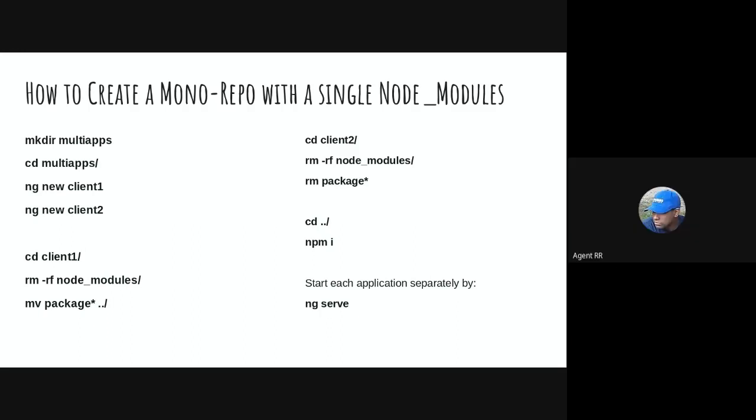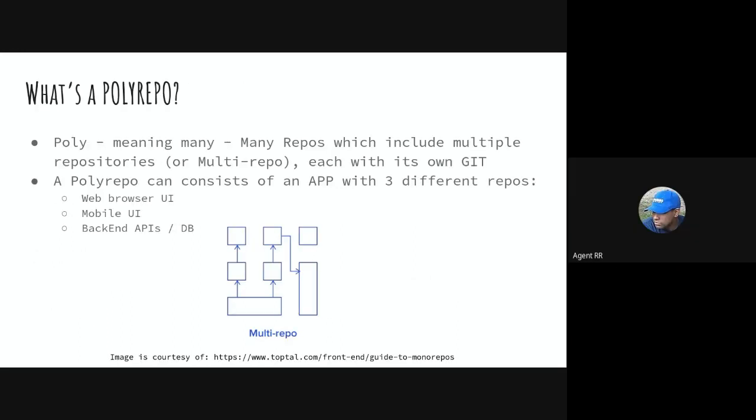All right. So, what's a polyrepo? As I said before, polyrepo means many repositories, which includes multiple repositories, each with its own Git, right? A polyrepo can consist of an app with 3 different repos.